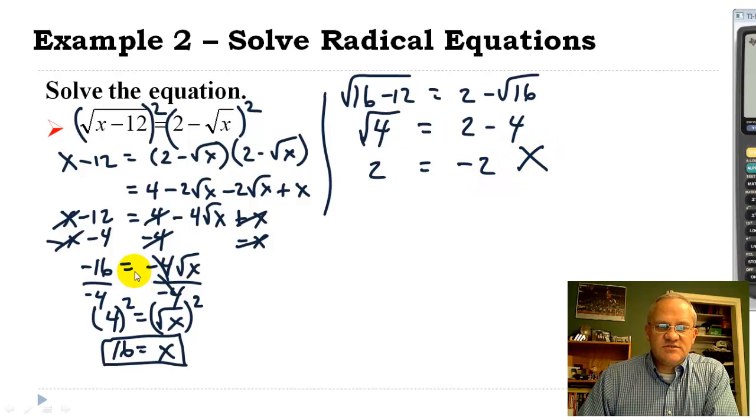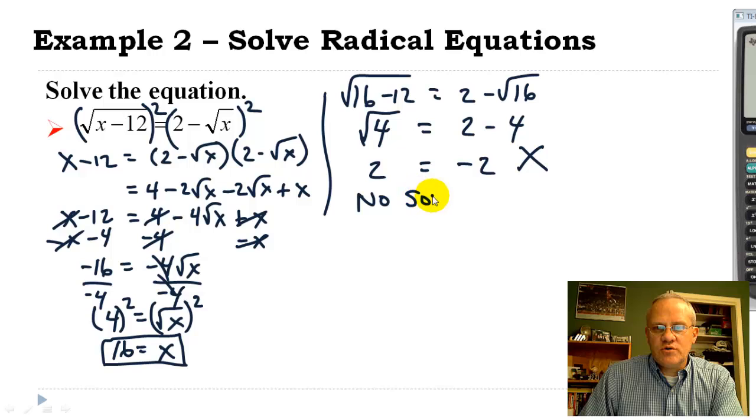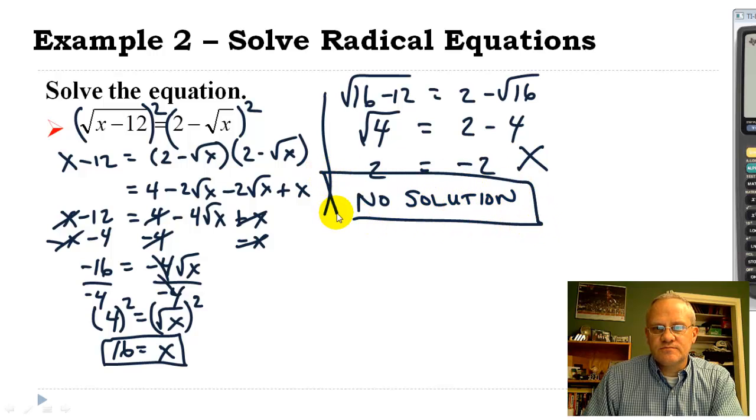So even though we did everything correctly in solving this, 16 is not an answer. Because when I actually plug it in, it kind of seemed like it should be, but it did not work out. And so we have to say there is no solution in this case.